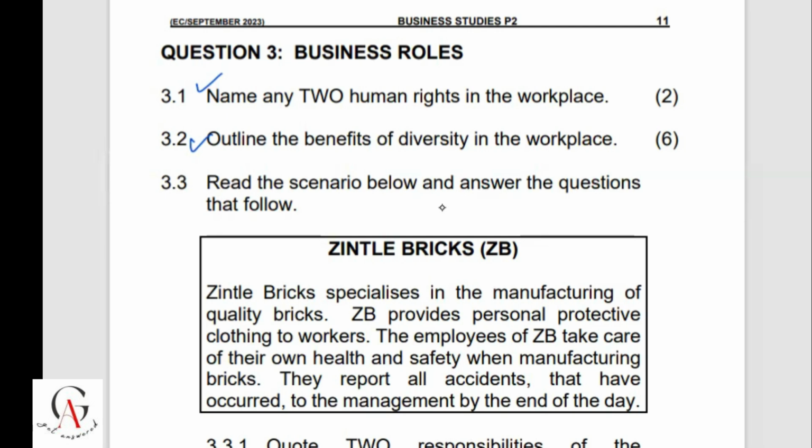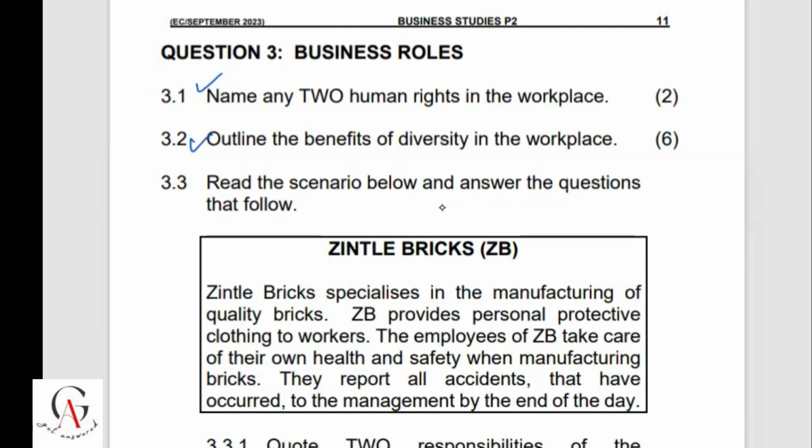So now one of the benefits of diversity in the workplace: diversity in the workforce improves morale or motivation. Also, a diversified workforce stimulates debate on new and improved ways of getting things done. And also employees value each other's diversity and learn to connect or communicate across lines of difference.